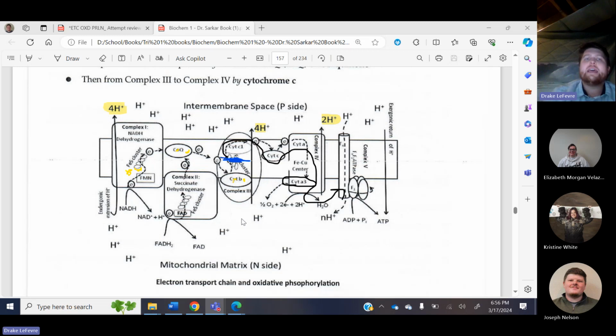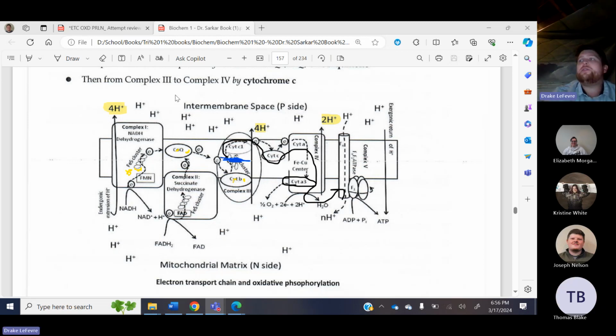Similar idea here, except the action that we're trying to perform is pumping hydrogen atoms from the mitochondrial matrix into the intermembrane space. Okay?